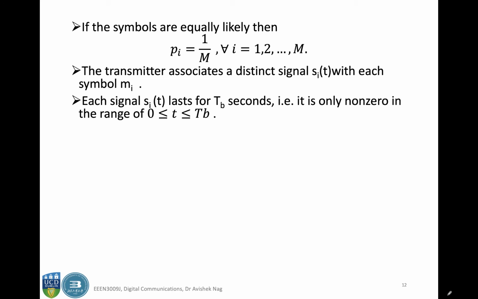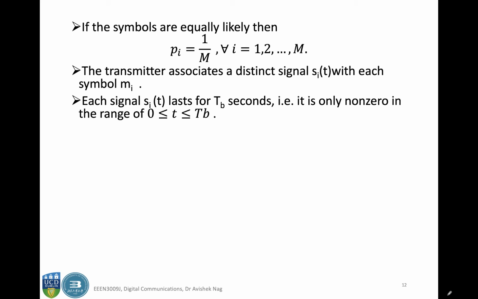Each signal si(t) lasts for Tb seconds, where Tb is basically the duration of the bit. When you are sending, let's say, binary symbols comprising zeros and ones, the signal si(t) lasts for the duration of the bit, Tb seconds.